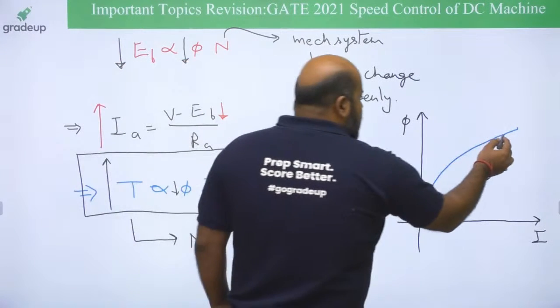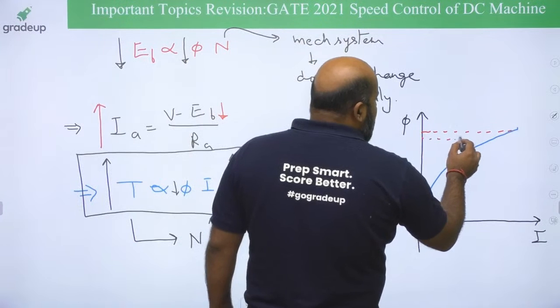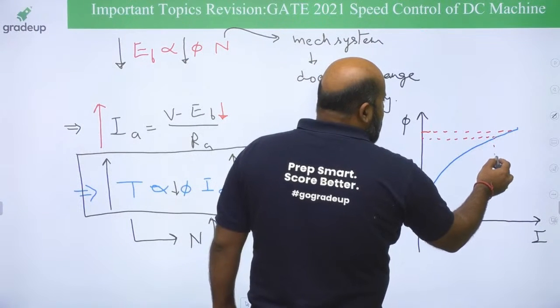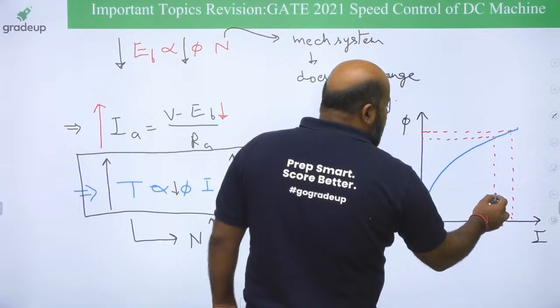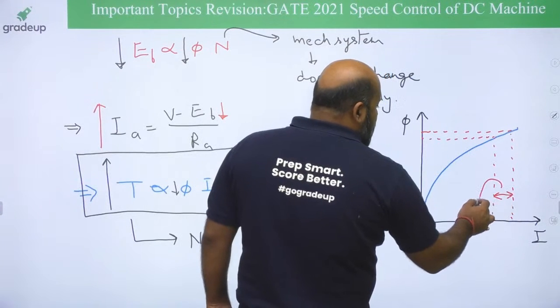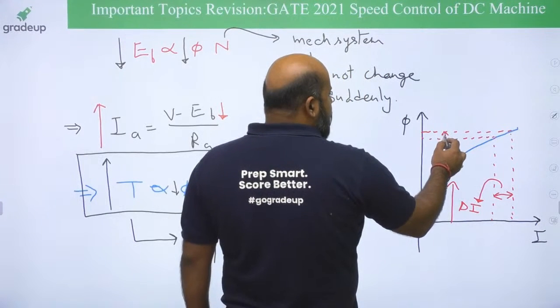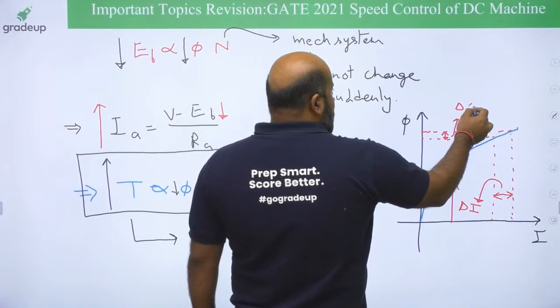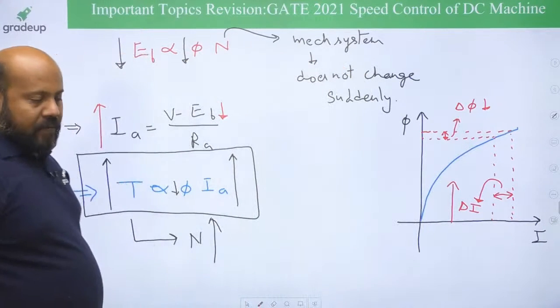Now what is happening, if you see near the saturation point, you can easily observe for a magnetization circuit, the change in current is going to be large, whereas the change in flux is going to be comparatively less.